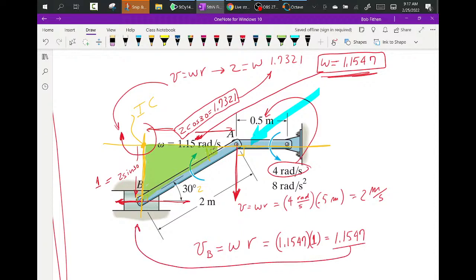Now, I know it's correct this way because the thing is rotating like this, and if it is rotating, then all these points are like that.